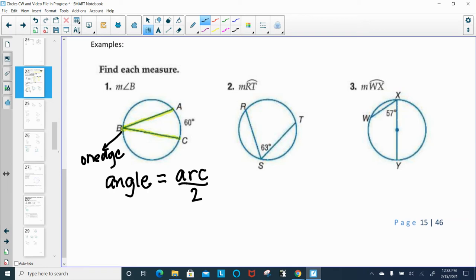And then we have to figure out how to substitute the information that we know into the circle. If you look at this angle ABC, it touches the edge of the circle here at A and here at C. So the arc that is intercepted with that inscribed angle is 60. That 60 is going to go here.